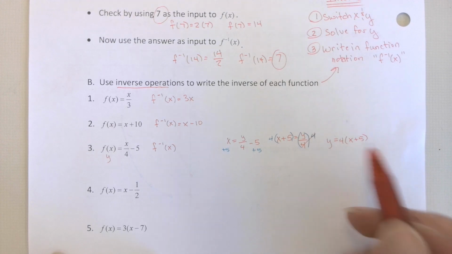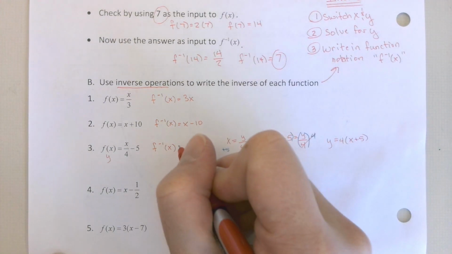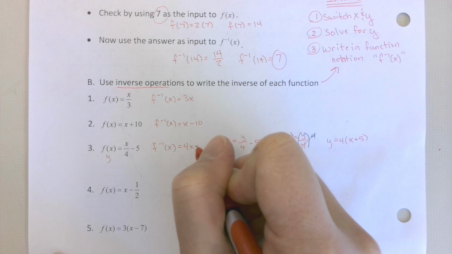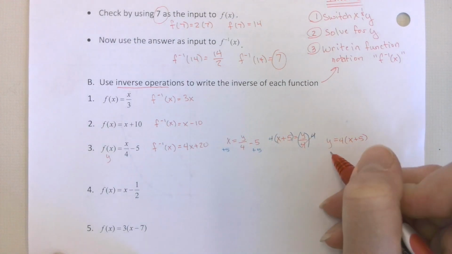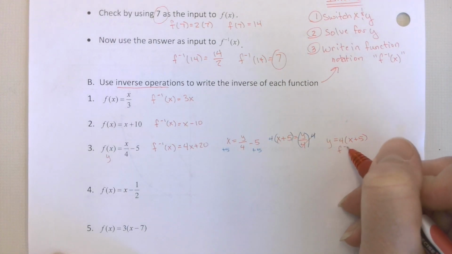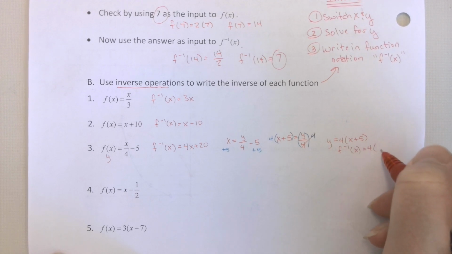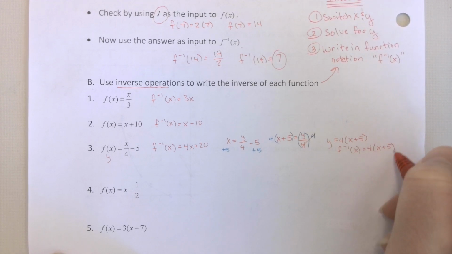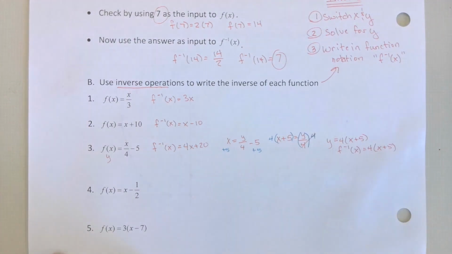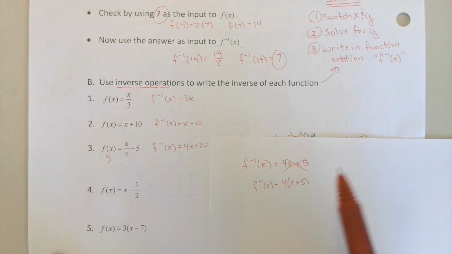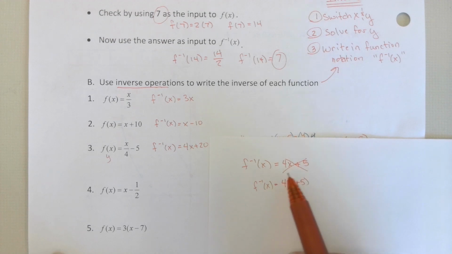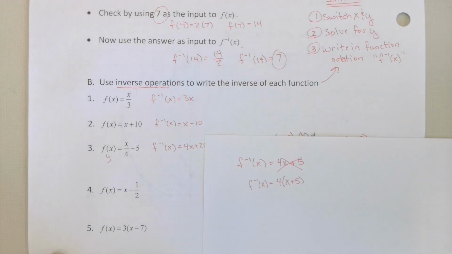Put it in function notation, or you might distribute it and get 4x plus 20. So either answer in function notation is acceptable: you could have it as 4 times the quantity x plus 5 or 4x plus 20. But if you end up with just 4x plus 5, then that is not its inverse.